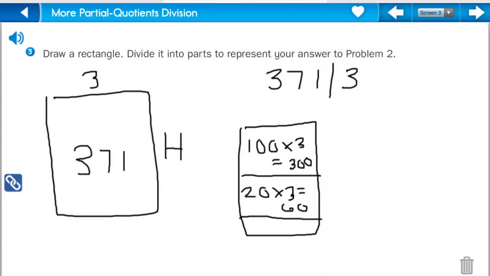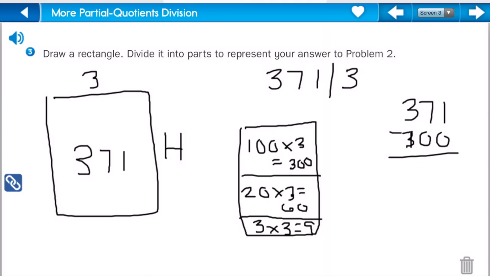And then we did 3 times 3, and that equaled 9. So that's what we did there. And so then we took 371, and remember first we had to minus 100 because I used 300 because I multiplied those together.